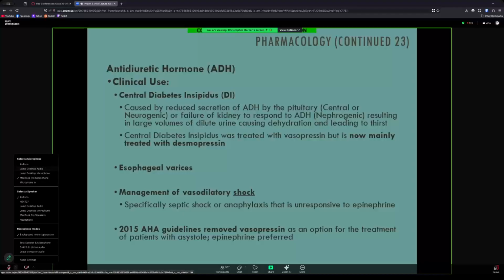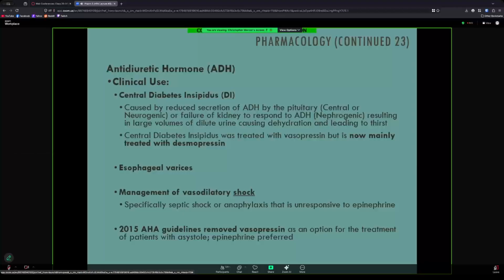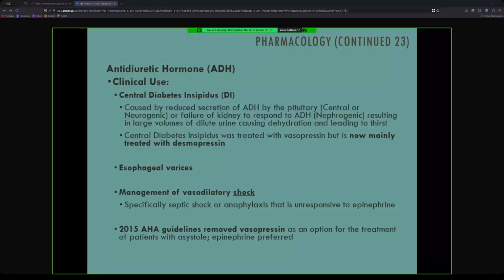Makes sense, because central diabetes insipidus is an issue up at the pituitary releasing or secreting ADH, so it's central or neurogenic, versus the renal unresponsiveness to the antidiuretic hormone, or ADH. So when it's happening because of an issue at the kidneys, then it's going to be called nephrogenic diabetes insipidus. Both causes will create large volumes of very dilute urine, which means our patient can get dehydrated, and they're very thirsty.